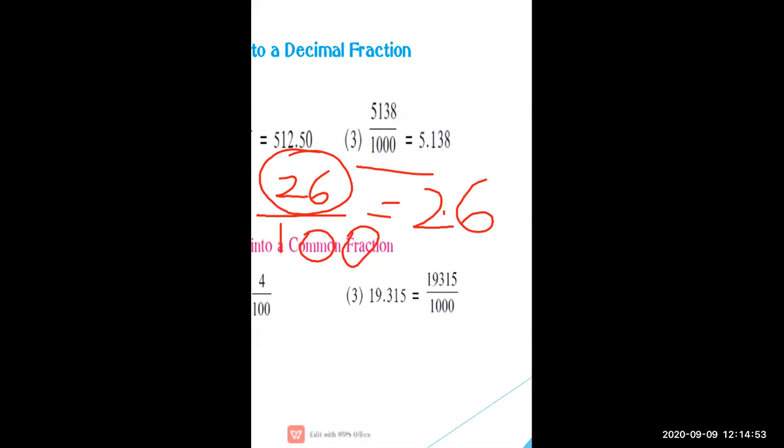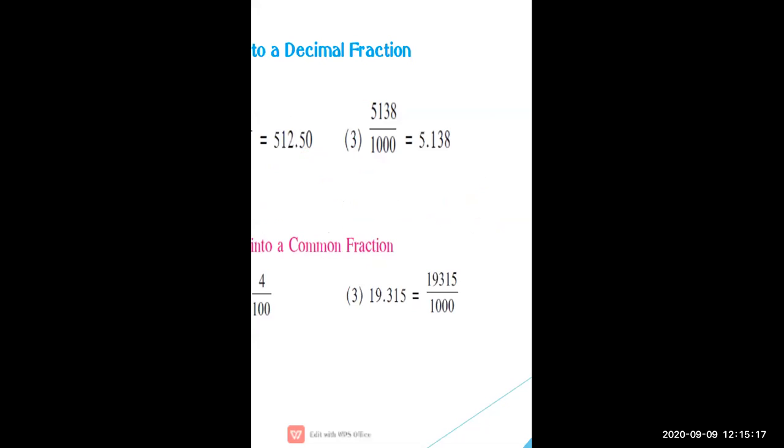See here, 100 means after 2 numbers you have to put a point. After 2 numbers means 26 is already given. This is 2 numbers only. We have to put a point after 2 numbers. Whenever there is no number, I have explained you have to put 0. I hope you people are clear about how to convert a common fraction into a decimal fraction.